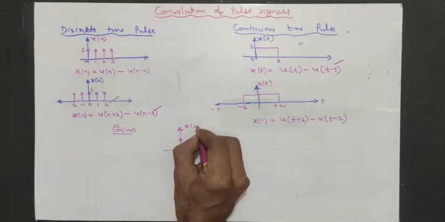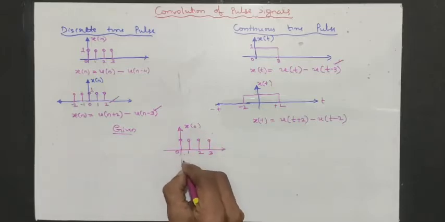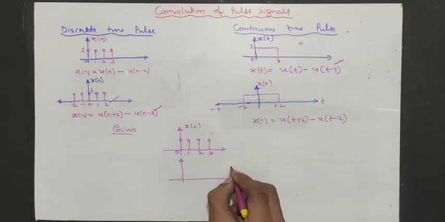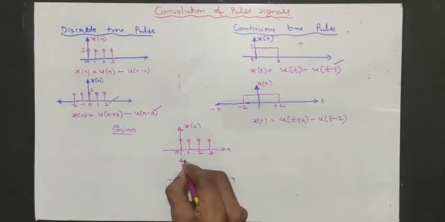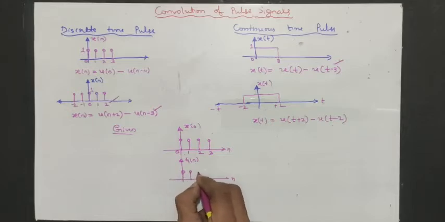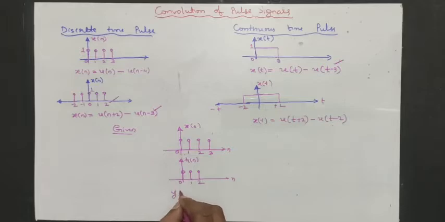This is x of n and this is h of n, 0, 1 and 2. Obtain y of n by convoluting x of n with h of n.